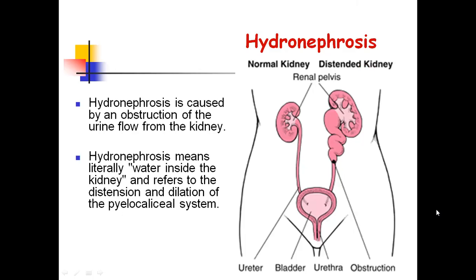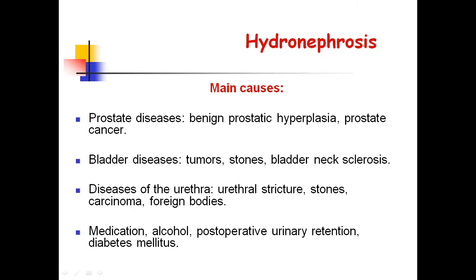The next pathology is hydronephrosis. Hydronephrosis is caused by obstruction of urine flow from the kidney. It means literally water inside the kidney and refers to the distension and dilation of the pyelocalicial system. Main causes of hydronephrosis are prostate diseases such as benign prostatic hyperplasia or prostate cancer, and bladder diseases such as tumors, stones, or bladder neck sclerosis.